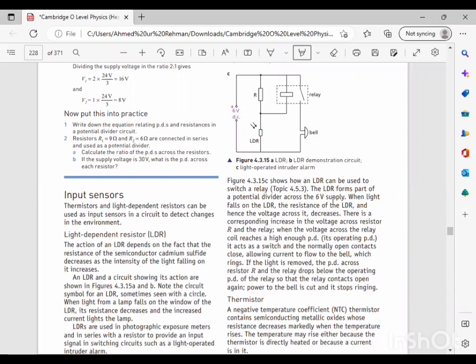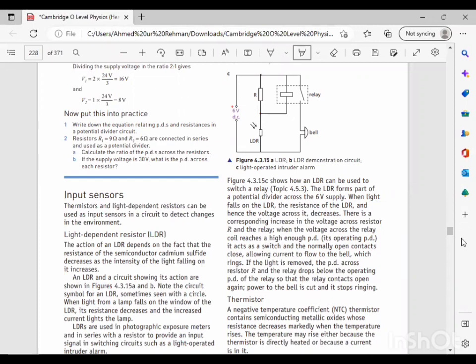Now this LDR is consuming less voltage, so more of the voltage is going across the relay and the resistor R.